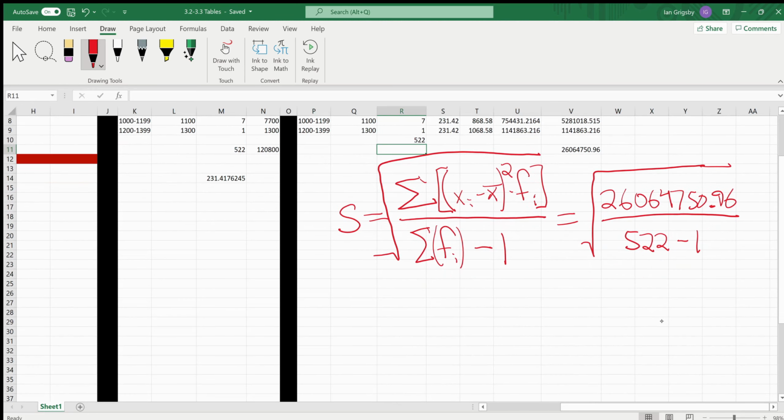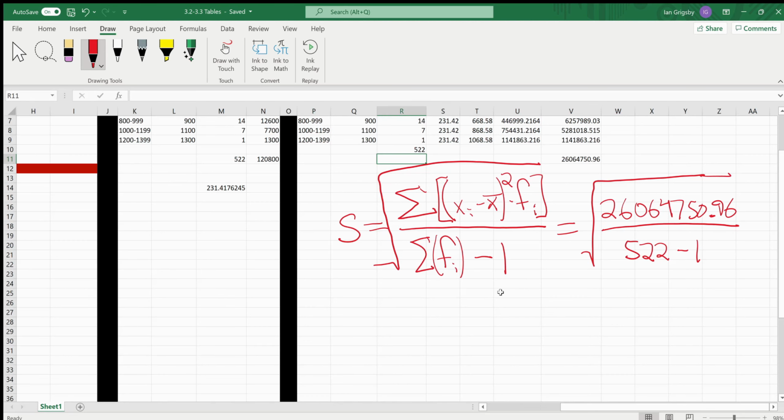Well, you just do 522 minus 1 real quick, and that's just according to the formula. You're going to be dividing by 521. So if I wanted to do this in Excel, I'll say equals this number divided by parentheses 521, or you could have said 522 minus 1.